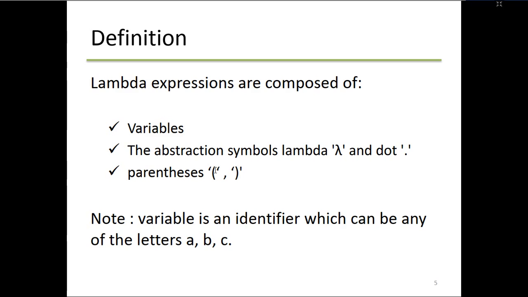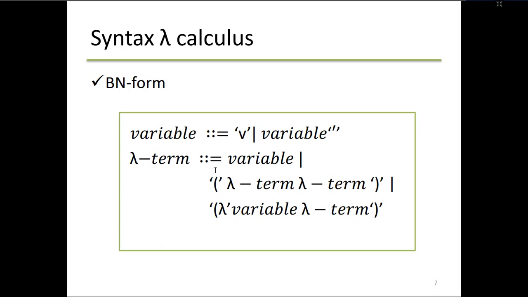A variable is an identifier which can be any letter written in small letters like a, b, c, etc. So the general syntax of the lambda calculus will be like this. If you want to represent it in Backus-Naur form, recall the T1 syllabus in which we have seen the Backus-Naur form. Backus-Naur form is the pure way of writing the grammar.